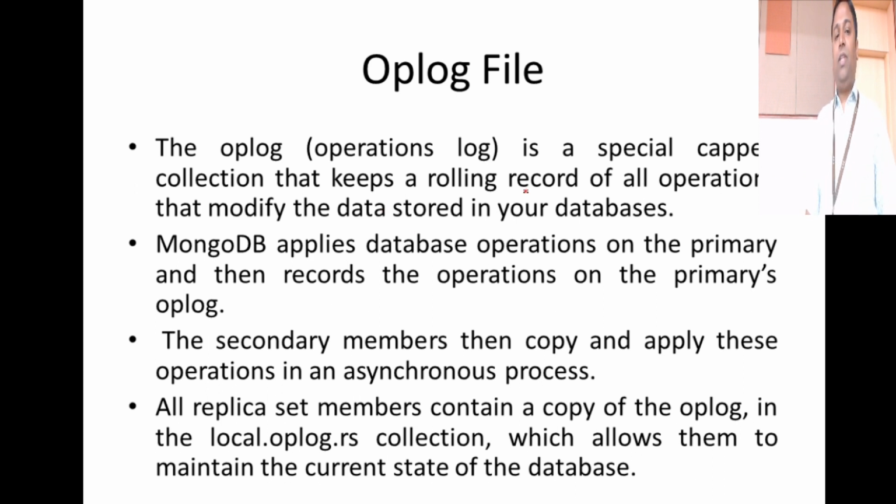MongoDB applies database operations on the primary and then records the operations in the primary's log. Just now we have seen any changes will be recorded in this collection called oplog, and the primary will perform that update of the oplog. The secondary members will copy the oplog and then make those changes to the data in their servers. Okay.